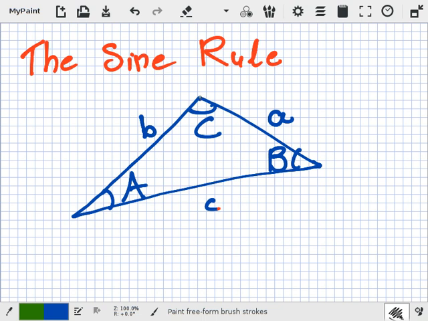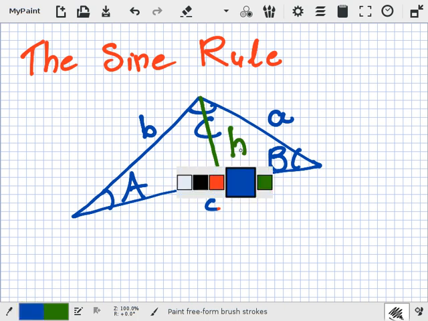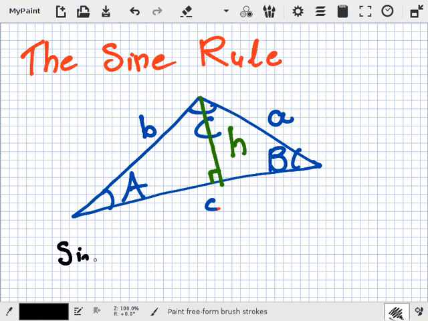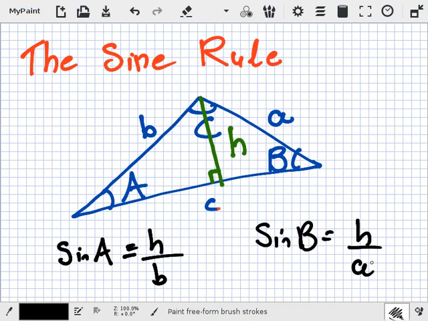We'll draw a perpendicular line here, and we'll call this line height h. Because we've made a right angle triangle, we can say that sine A is h over b. And likewise on this triangle we can say sine B is h over a.